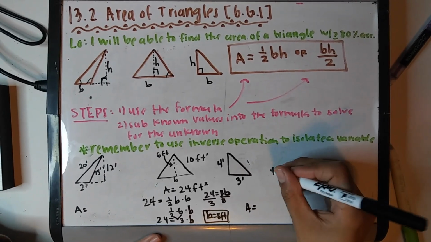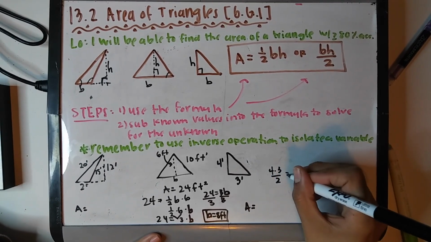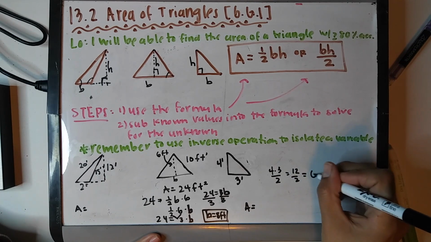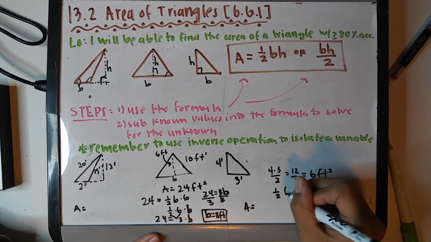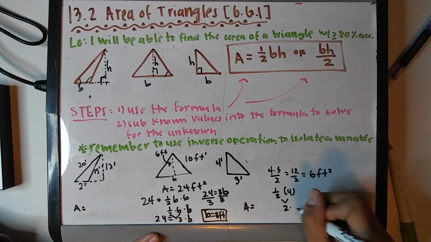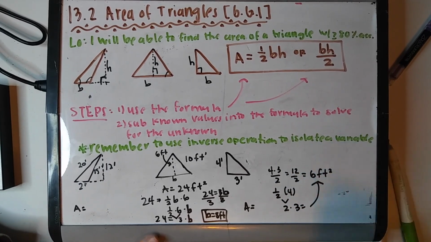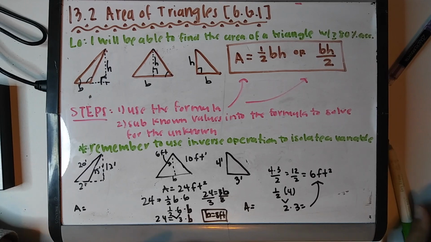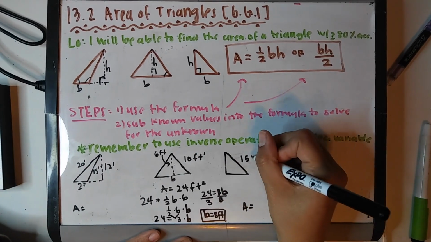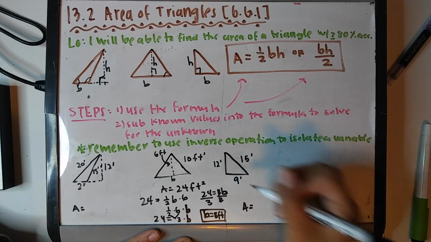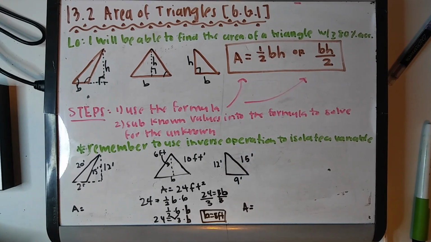So I go 4 times 3 divided by 2, that's 12 divided by 2, that's 6, so 6 square feet. If you use this method, you go 1/2 times the height, so that's 2, and then times 3, and you end up with the same answer. Okay, let me give you one to do on this one. Try to find the area for that one.